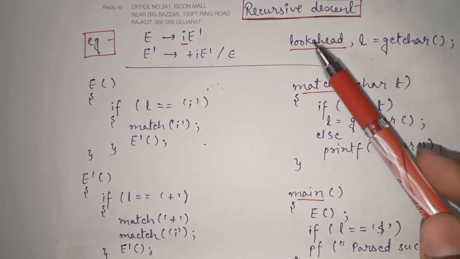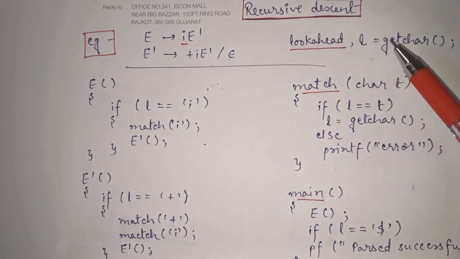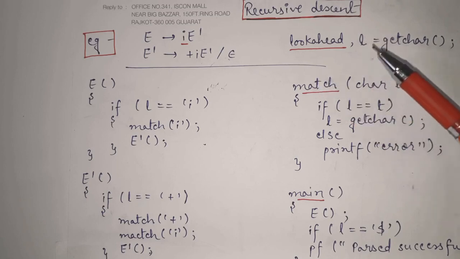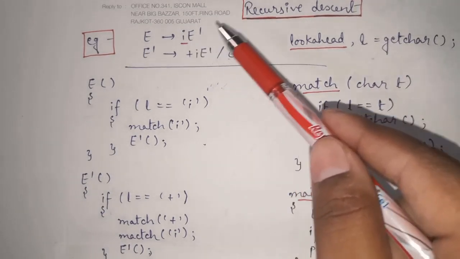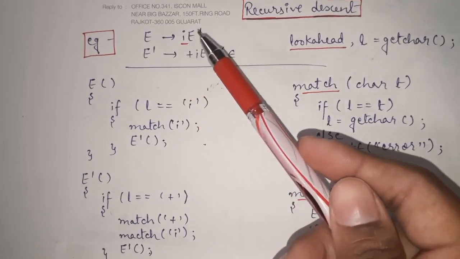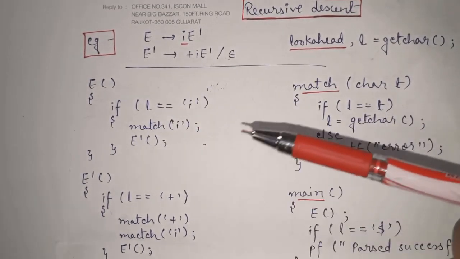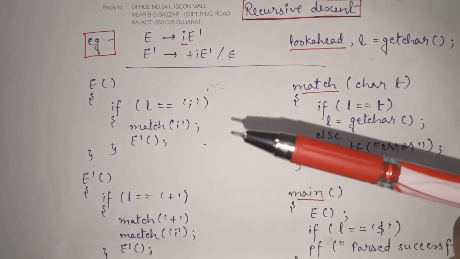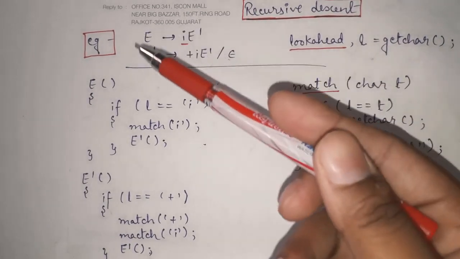L will do nothing, but it will just take the first character from the RHS of the production. Because the task of this code is, whenever I have a string, I have to check if that string belongs to my grammar or not.